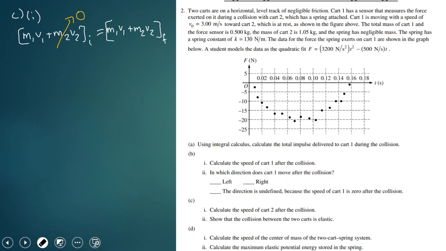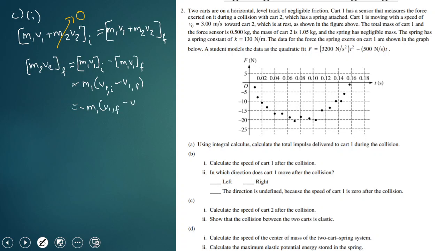And so what I can say is that m2 v2 final is equal to m1 v1 initial minus m1 v1 final, which is equal to, I'm going to factor my m1, so v1 initial minus v1 final, which is equal to the negative m1 times v1 final minus v1 initial, right? So this is just factoring out a negative 1.